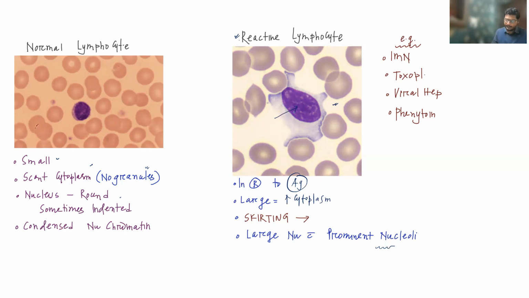And there is a phenomenon that is known as skirting. So what is skirting? Skirting means indentation of the cytoplasm of the reactive lymphocytes by the RBCs. As you can see here, this is the RBC which is indenting the cytoplasm of the reactive lymphocyte. You can see it here also. So this indentation produced by the surrounding RBCs upon the reactive lymphocyte is known as skirting.